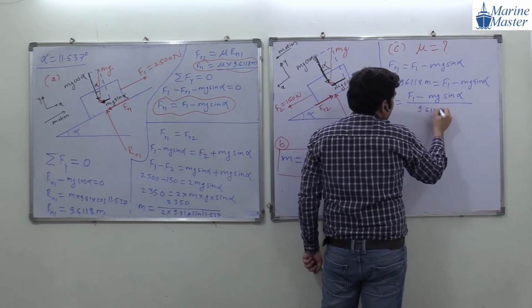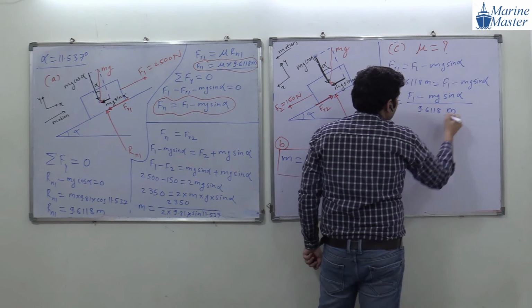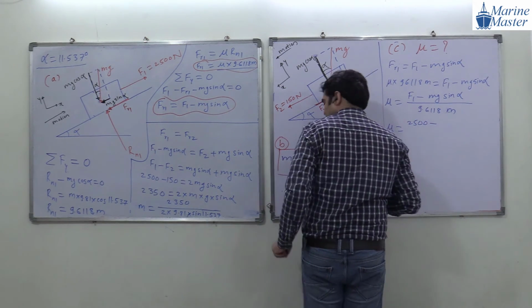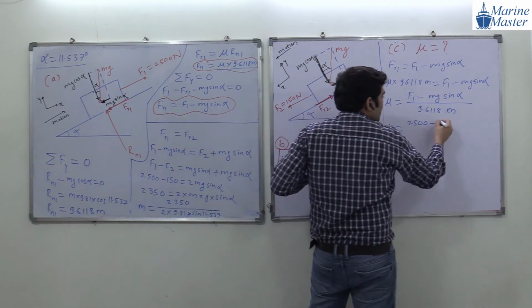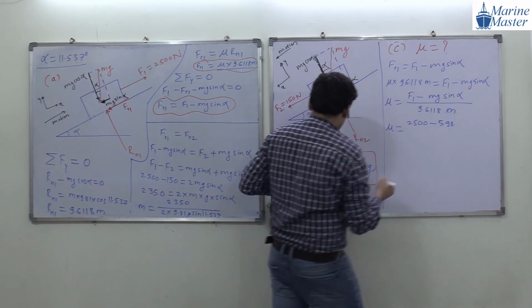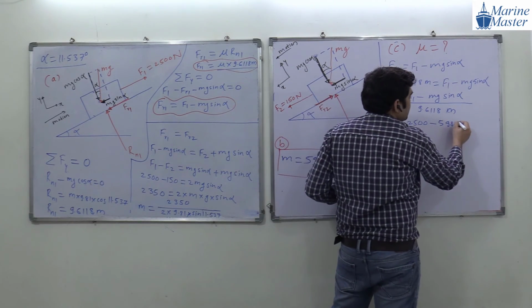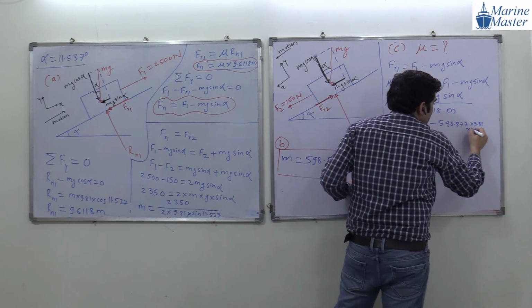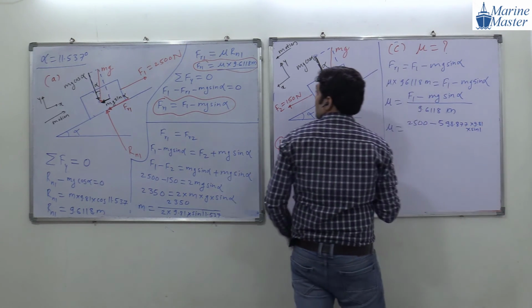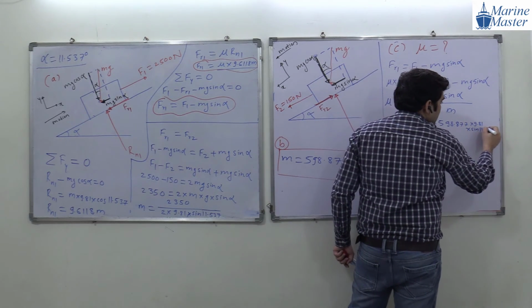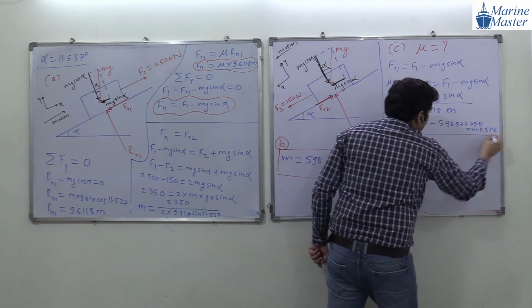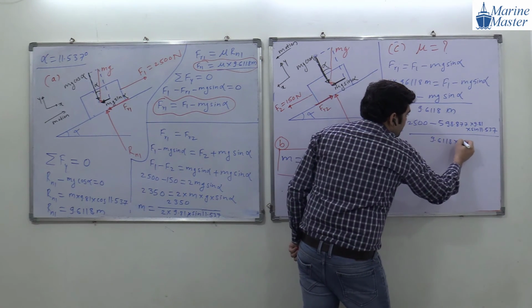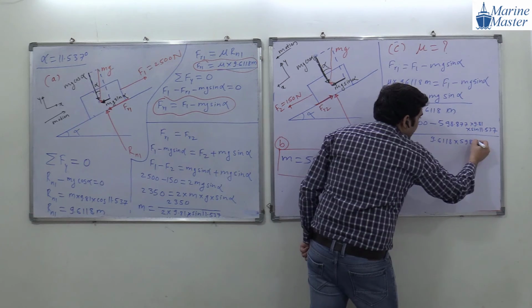9.6118 m. Okay, so mu is 2500 minus m, and m we just now calculated, 598.877, into 9.81 into sine of 11.537, divided by 9.6118 into 598.877.